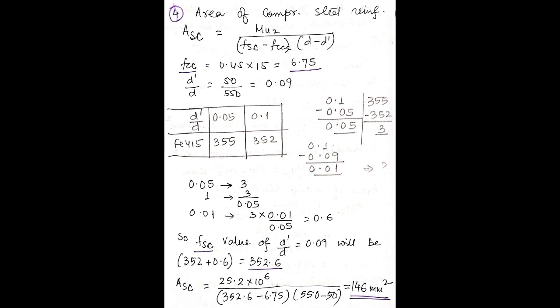As we proceed with the d dash by d value, we are increasing from 0.05 to 0.1, but the Fsc value decreases from 355 to 352. So for 0.09 it will be 352.6. Now the Asc value we can find from the formula given above, that is 146 millimeter square.